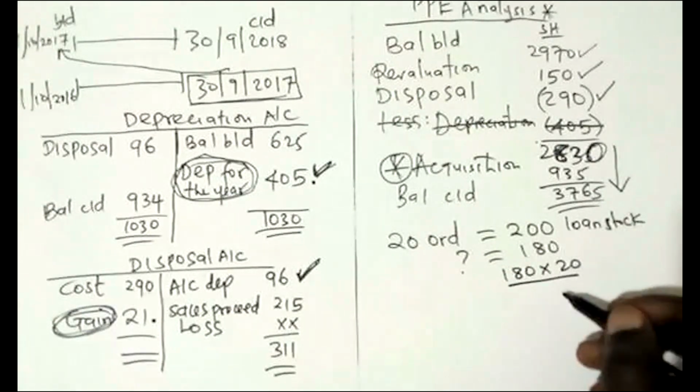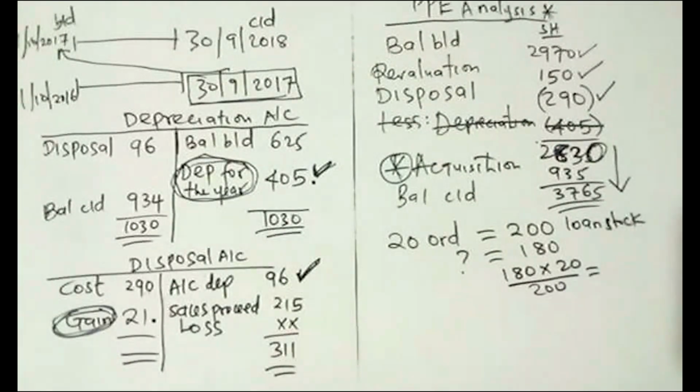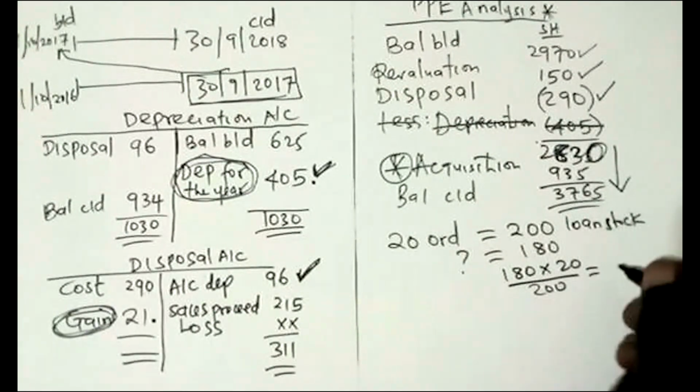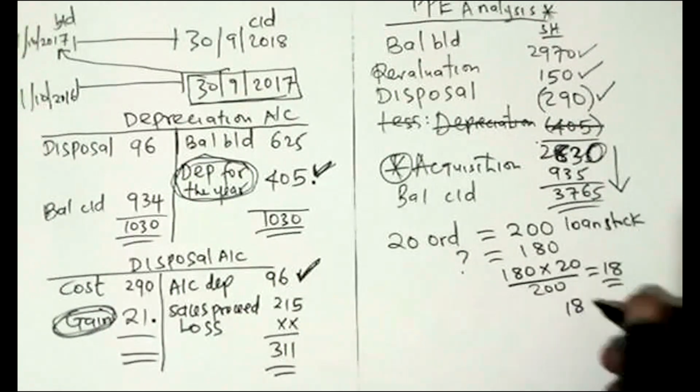You cross multiply: 180 times 20 divided by 200. You get 18. So per ordinary share was at what shilling value?